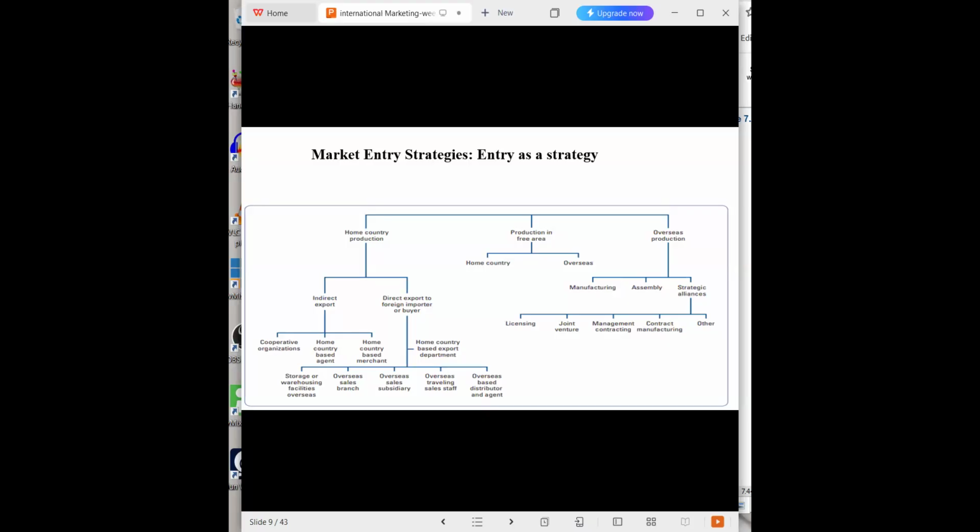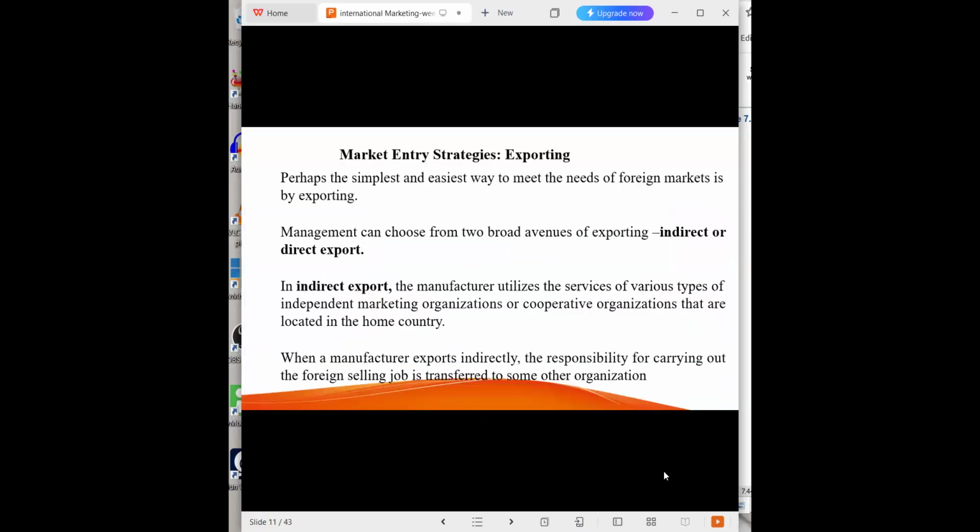So as far as they're engaging with other organizations or using services to sell their products, then it is indirect export. But when they are managing the sales or the transaction flow, when they're managing the sales activities, when they're managing the distribution channel all by themselves, then they fall under direct export. So that is just the difference between direct and indirect export.